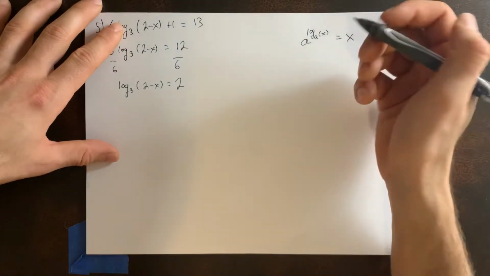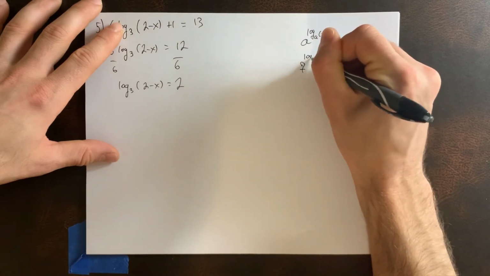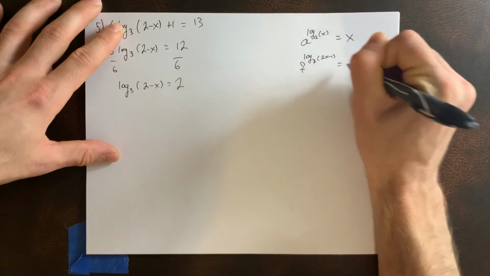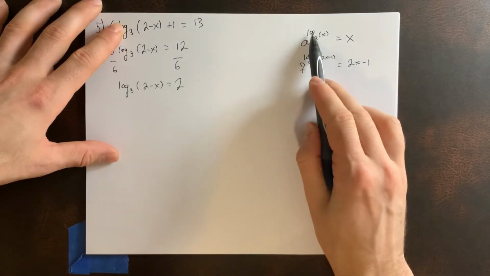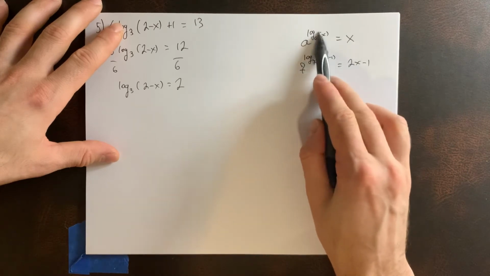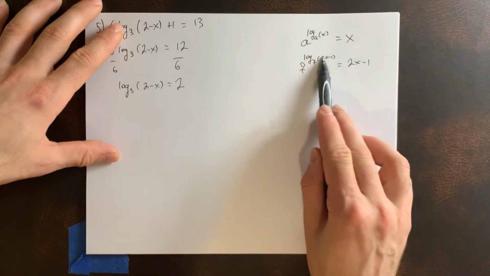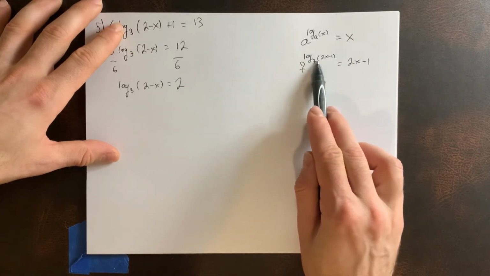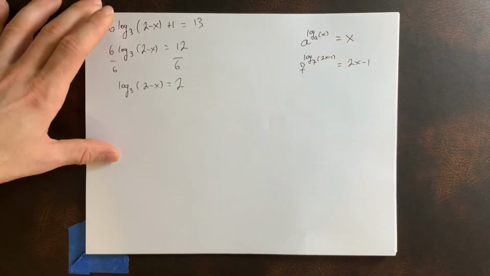For example, 7 raised to the log base 7 of 2x minus 1 is just equal to 2x minus 1. Whenever you have this base and the base of the log the same and you're raising it, all you do is get the inside. Here our inside is 2x minus 1. So if we're doing 7 raised to the log base 7 of this piece, 2x minus 1, then we're just going to get 2x minus 1.